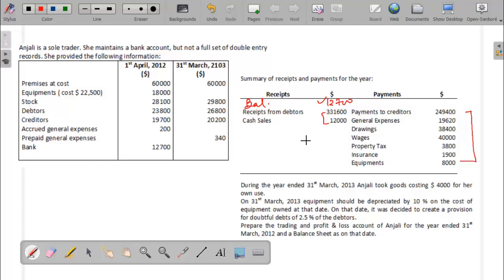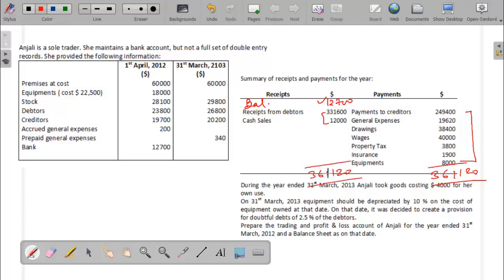So 2,49,400 plus 19,620 plus 38,400, then plus 40,000 plus 3,800 plus 1,900 plus 8,000. So the total of the credit side is 3,61,120, and the same total we will write on the debit side, 3,61,120.